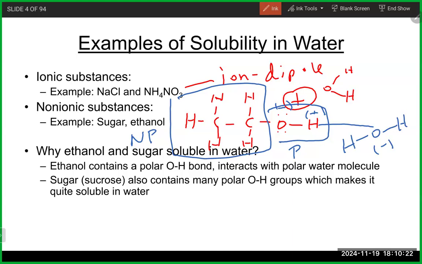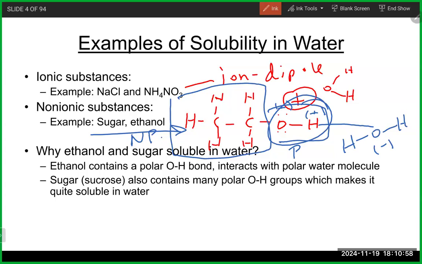Also, ethanol is not a tremendously large molecule, so it has no problem interacting. It has that OH group, making it soluble and able to hydrogen bond. But if you were to build out this nonpolar side to about 5 or more carbons with hydrogens attached to it, the solubility will drop to almost nothing because it gets too big, and that big nonpolar part gets in the way of this OH part here, and it can't interact well with water.